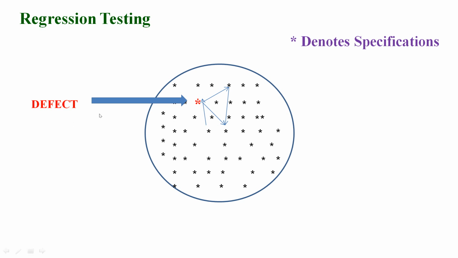Originally, the defect is found in this particular functionality, but there is a dependency between this functionality and this functionality, and this functionality and this functionality. So they have done some modifications in order to rectify the defect. After doing some modifications to the existing code, there should not be any impact on the dependent functionalities.